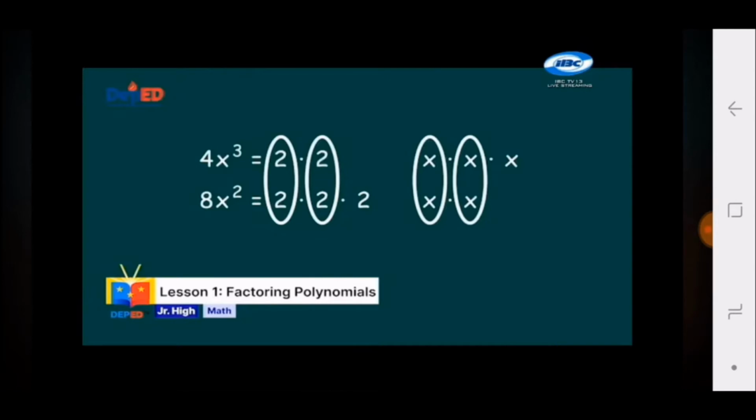Last is to get the product of these common factors. The product is the greatest common factor of the given 4x cubed and 8x squared. We will multiply 2 times 2 times x times x. The greatest common factor of 4x cubed and 8x squared is 4x squared.